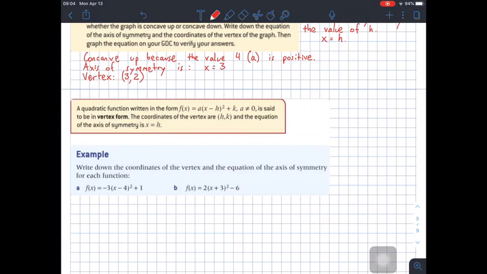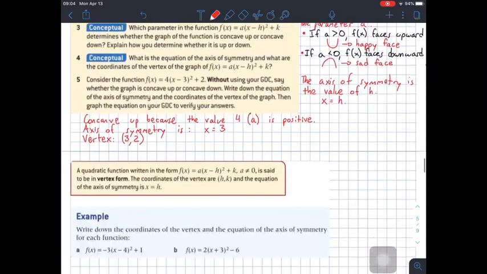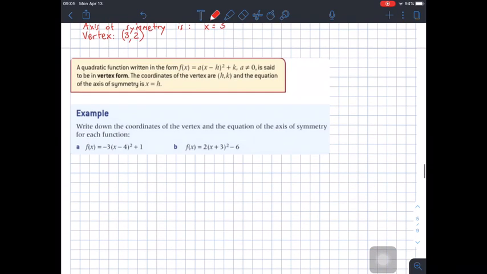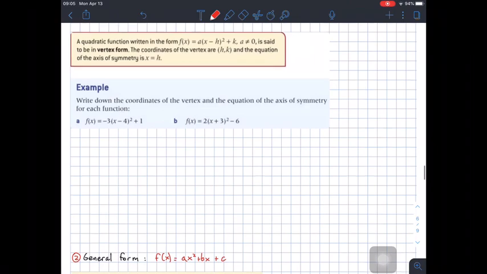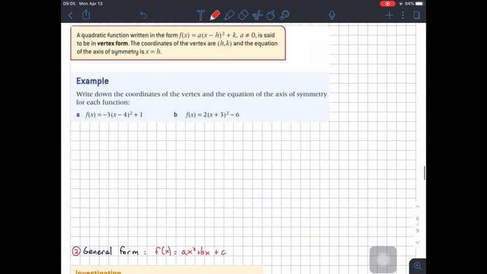This is just what we demonstrated by doing all of this investigation. Okay, so this is the most important thing you should always remember. This is the vertex form of the quadratic equation and the different parameters that you should know what each of them represent, okay? So we're gonna do a short example and then we're done for today's class.